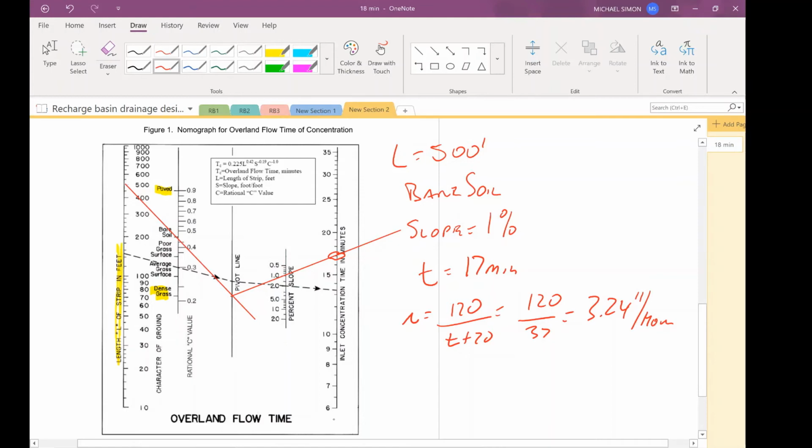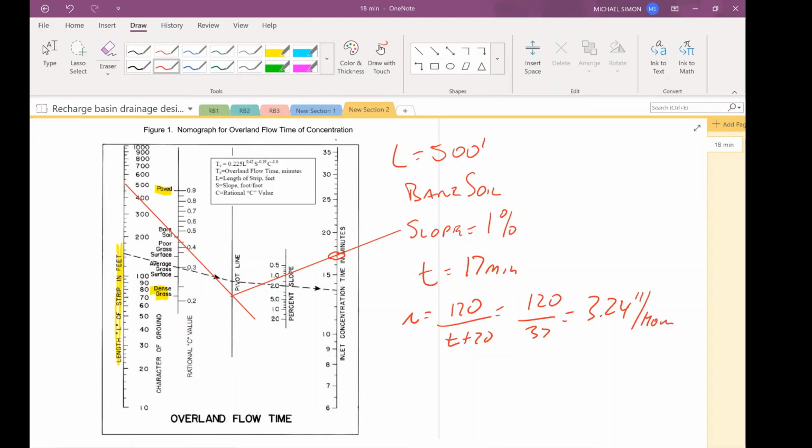And if you get times of concentration less than 6 or more than 35 minutes, you're going to run into some trouble. As you get further into drainage design, some municipalities give you a minimum time of concentration that you have to meet, which means if you're less than that, you have to increase it to get to a certain point.